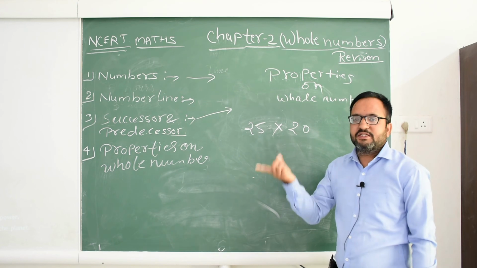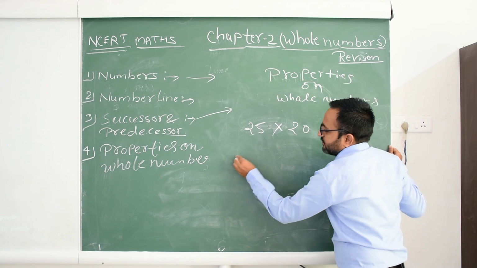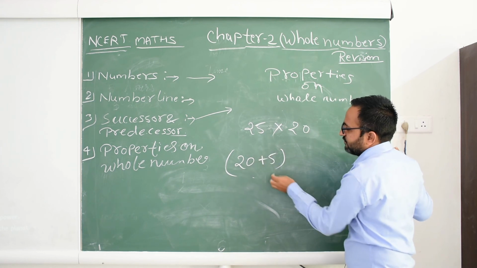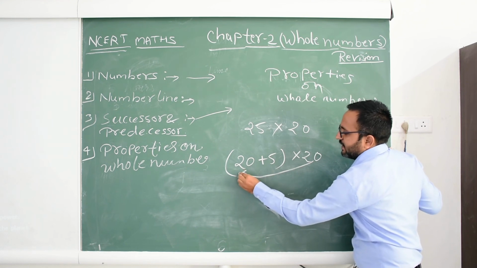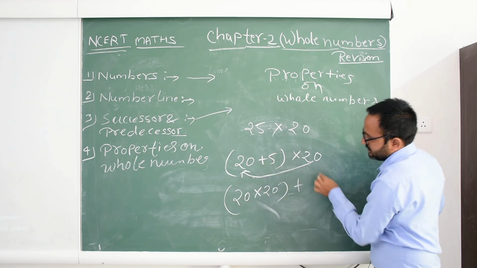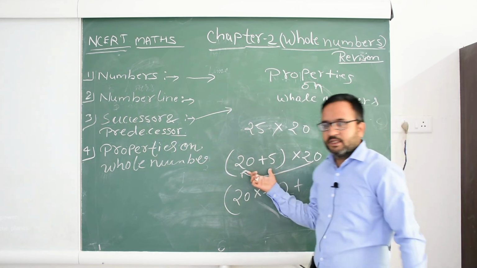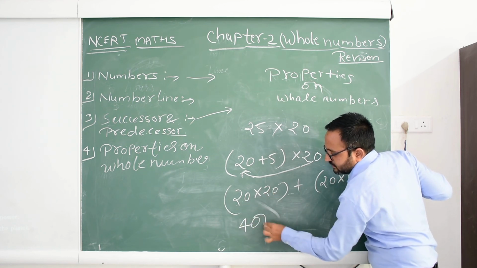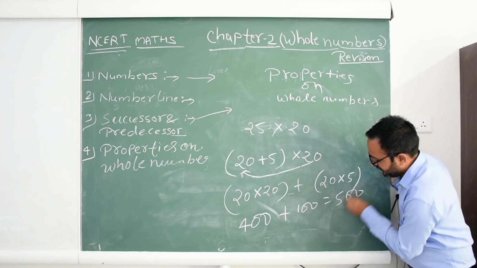With the help of the distributive property, we perform the multiplication. First we split 25 into 20 plus 5, and here 20. Now first we multiply 20 by 20, and here perform plus. Now we multiply 20 by 5. 20 twenties: 2 twos are 4 and we put 2 zeros, and here 20 fives are 100. So your answer will be 500.